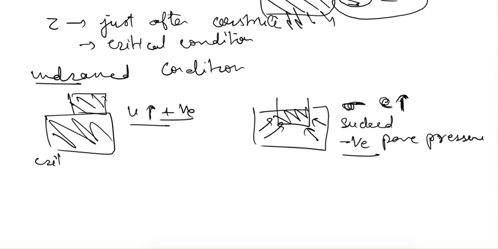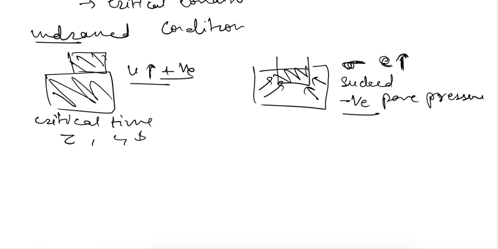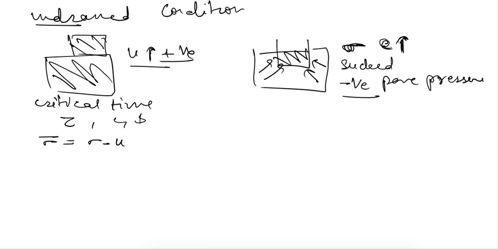So what will be your critical time to find out the shear strength and shear strength parameters? If positive pore water pressure is there, then we know that effective stress is given as total stress minus pore water pressure. It means that when we have completed this construction, at that point pore water pressure will be maximum and effective stress will be minimum.